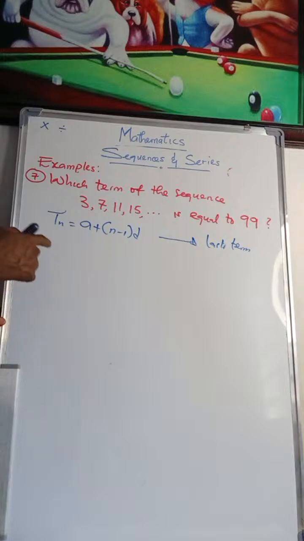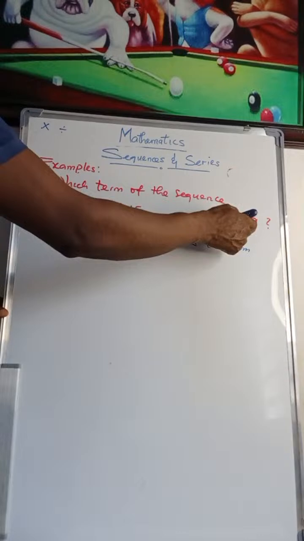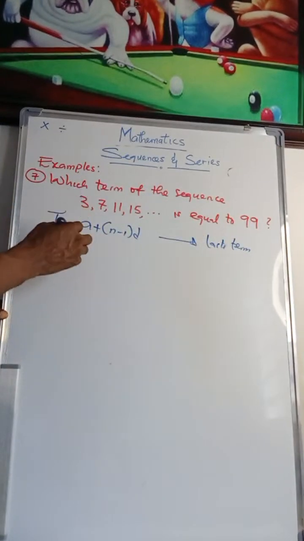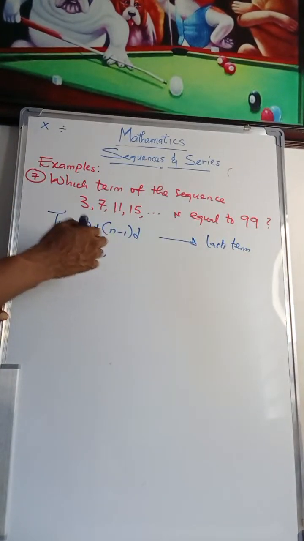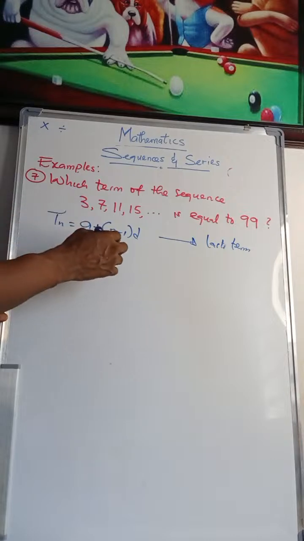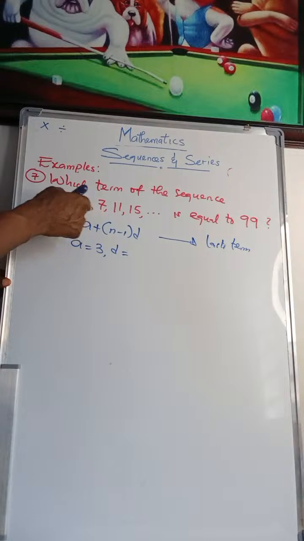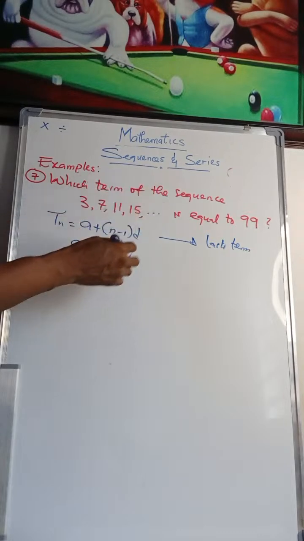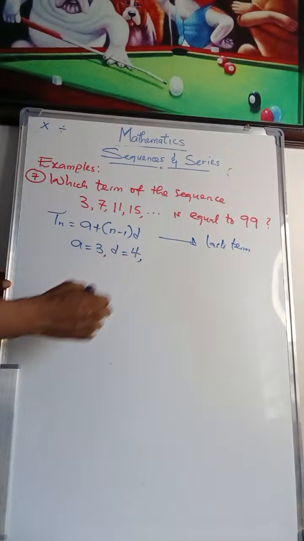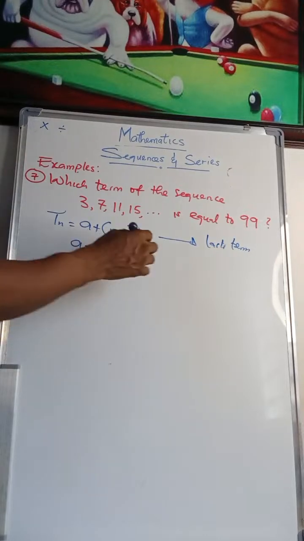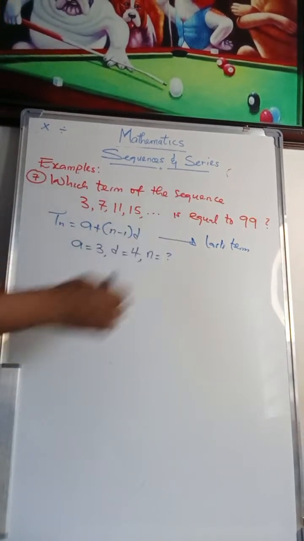Our a is 3. And our common difference is between the second and the first, the third and the second, like that. So what's the common difference? 7 minus 3 will give us 4. 11 minus 7 will give us 4. So the common difference is 4. And then our n, we don't know what the n is.